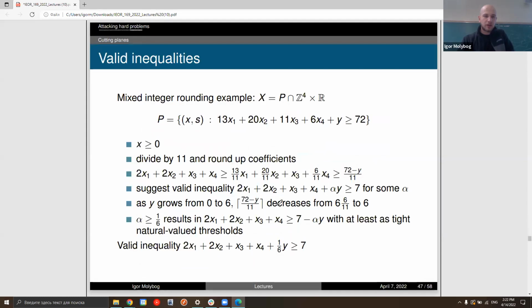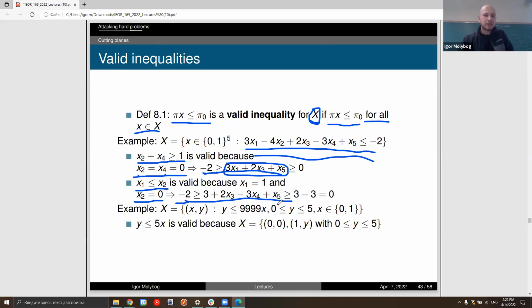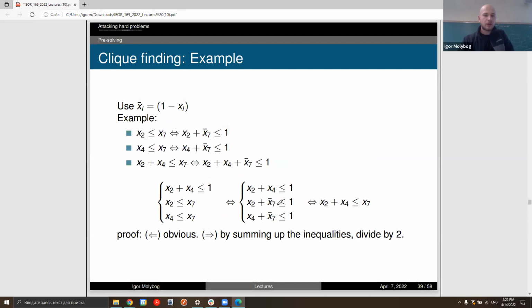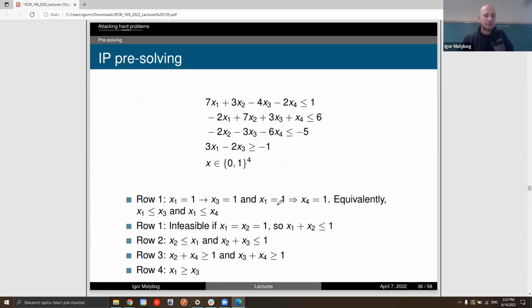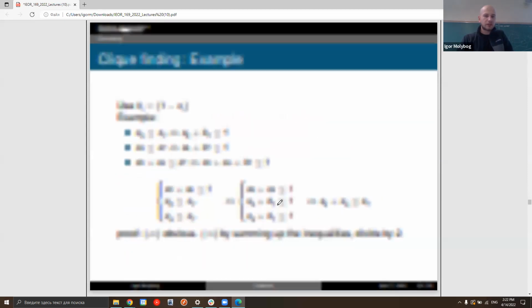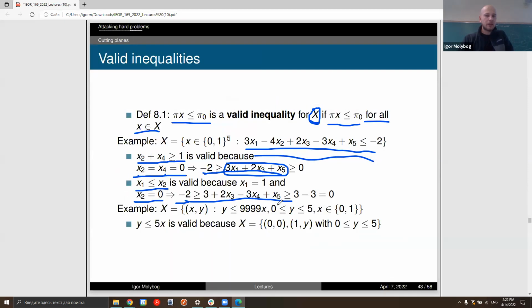Actually, I'm not sure. We probably haven't discussed that in detail, right? We have only discussed clique finding and the pre-solving. Basically, this IP pre-solving is very much related to what I'm talking about right now.